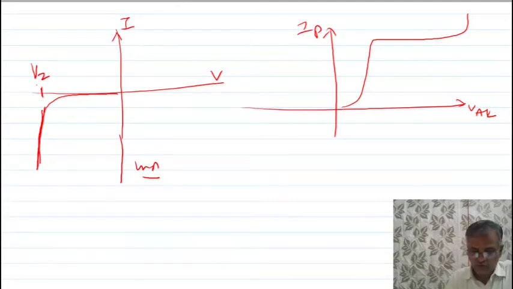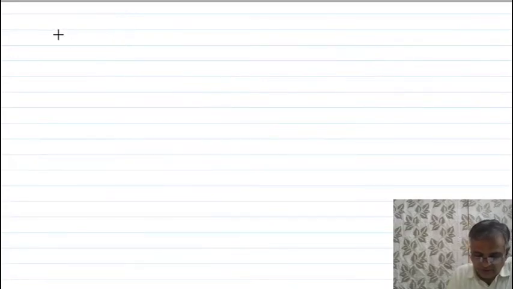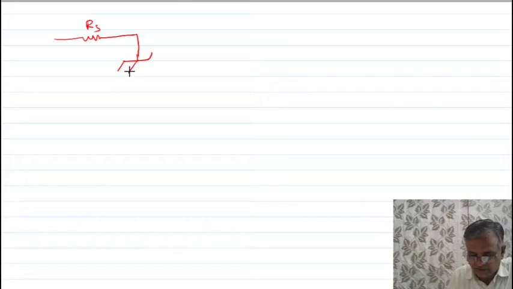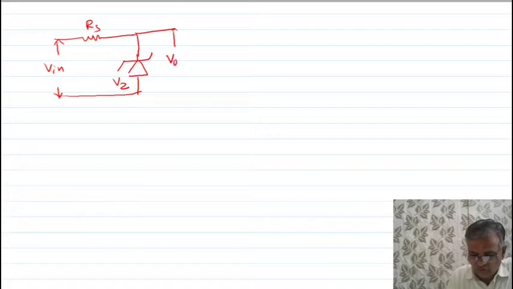I am showing you the two circuits for comparison. Look here, this is your circuit diagram of a Zener voltage regulator circuit with a series resistance. I am showing you delta V, Vin, the Zener voltage VZ, and here Vout.